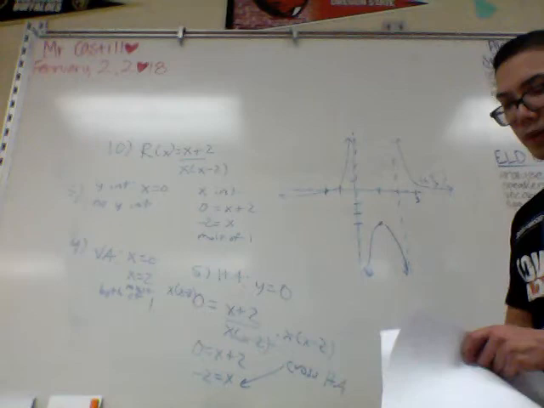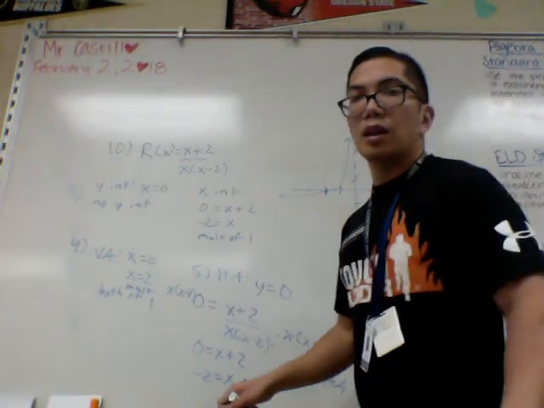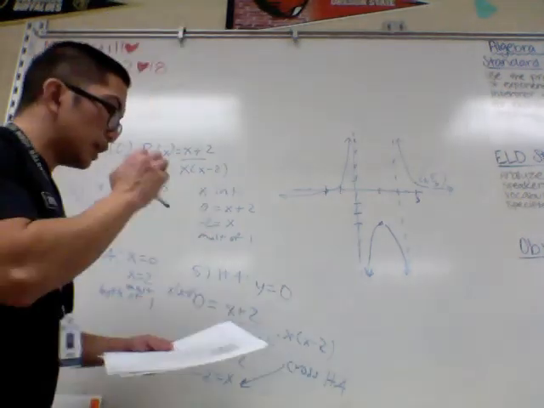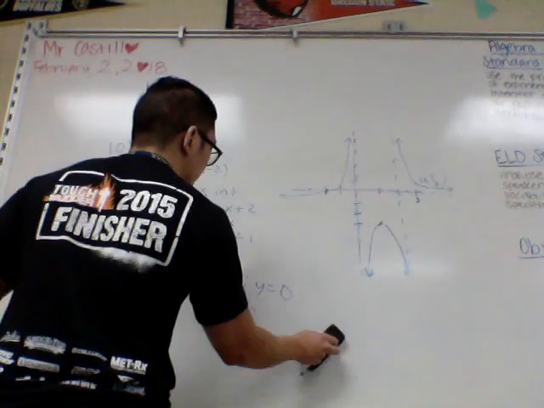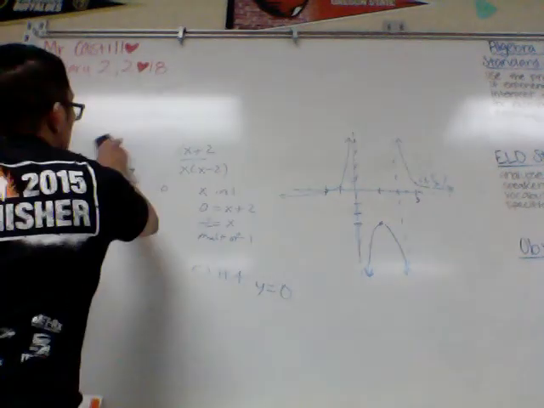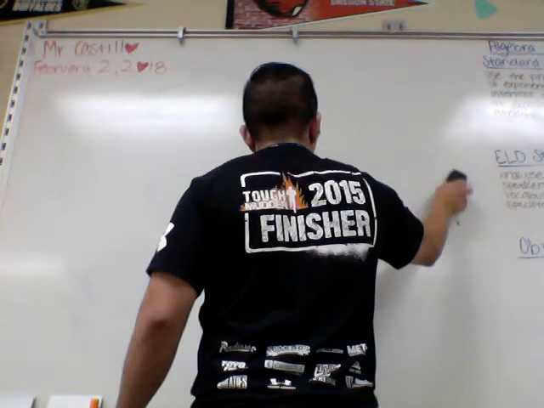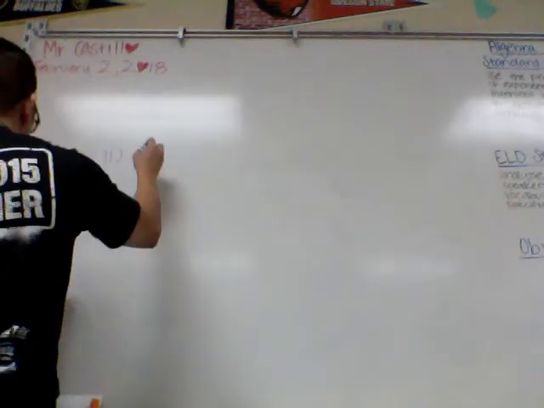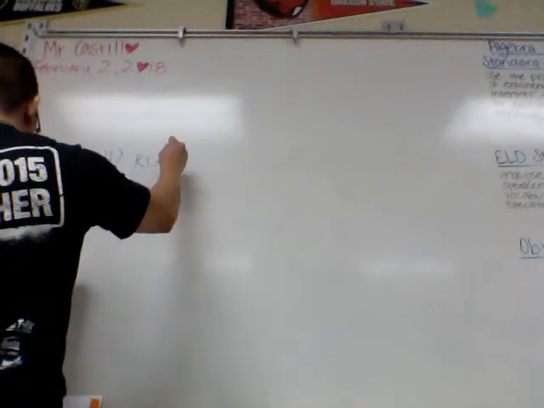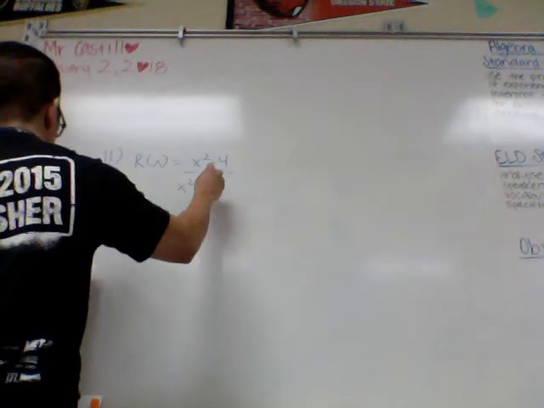Okay. Now, number 11. Number 11 is another graphing question. So remember, the first part of these graphing questions is to always factor and try to put it in lowest terms. So this is x squared minus 4 over x squared minus x minus 2.